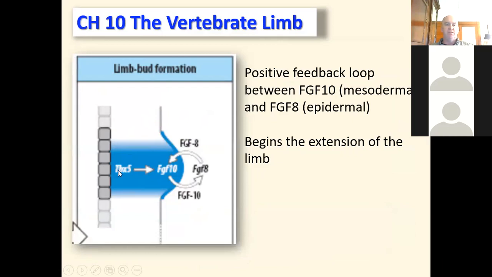TBX5 brings up FGF10 in the zone of proliferating cells, and FGF10 then goes to the ectodermal ridge and causes the expression of FGF8. So you get this mutual admiration society between FGF8 and FGF10, and all that FGF causes proliferation and cell movement. So that causes the limb to go out.